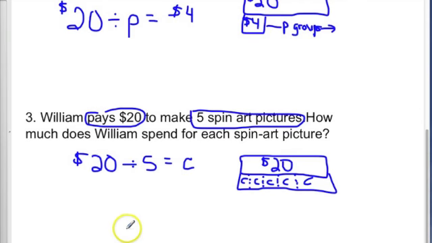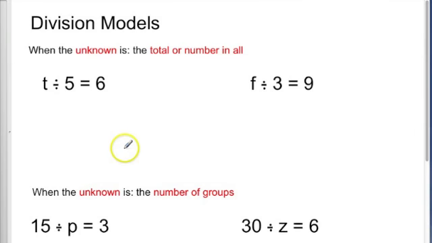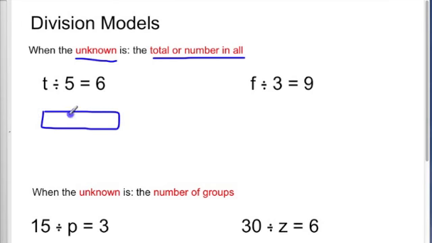Okay? Now let's look at some other examples, and let's do this again. So when we're looking for the unknown, and in this case it's going to be the total or number in all, let's go back and look at that. T divided by 5 equals 6. And we're just going to simply model. What I need to show is that the unknown is the number in all, or my total, my dividend is unknown.